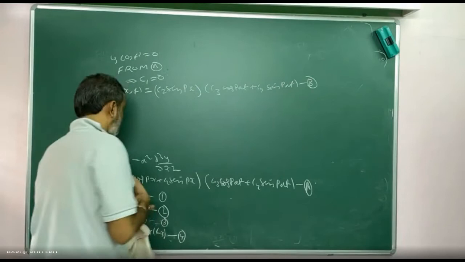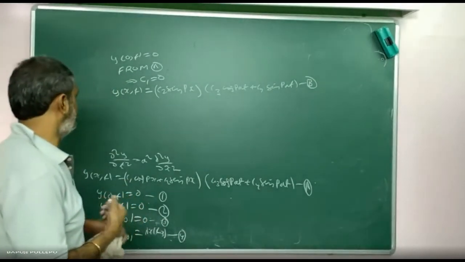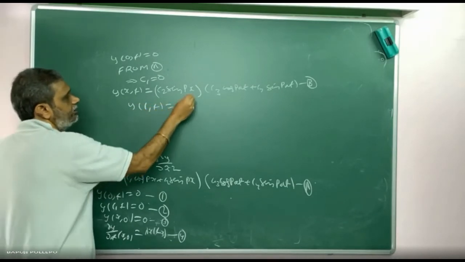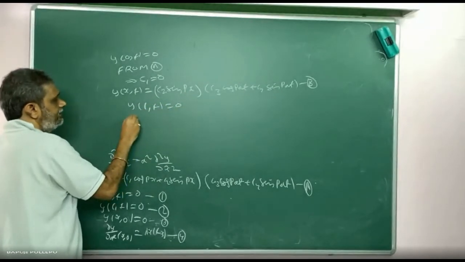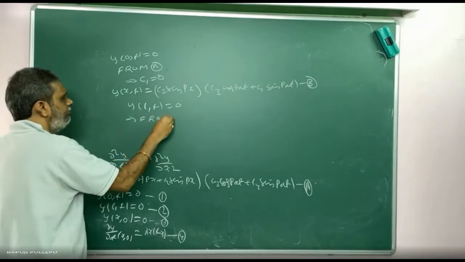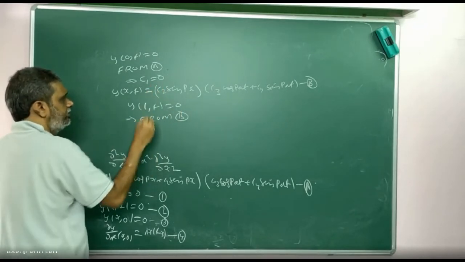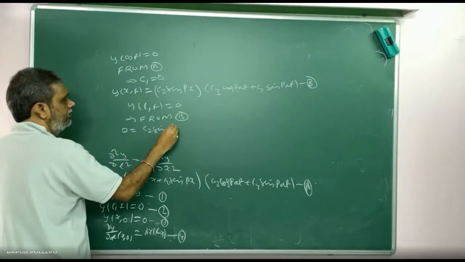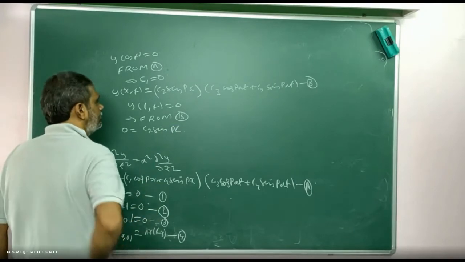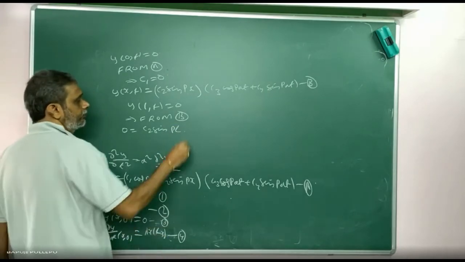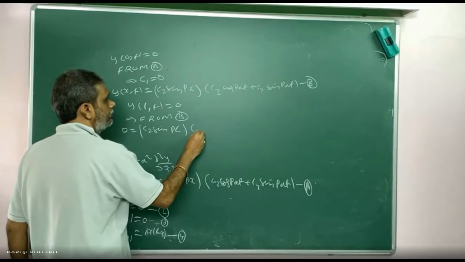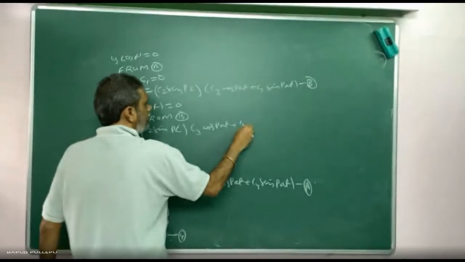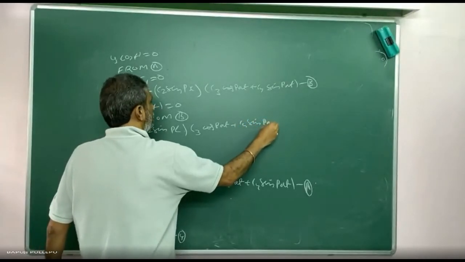Now the second condition is what? y(L,t) is equal to 0. Substituted in B, what will I get? P is equal to n pi by L. We substitute, you can see: 0 is equal to C2 sin PL (C3 cos pat + C4 sin pat).